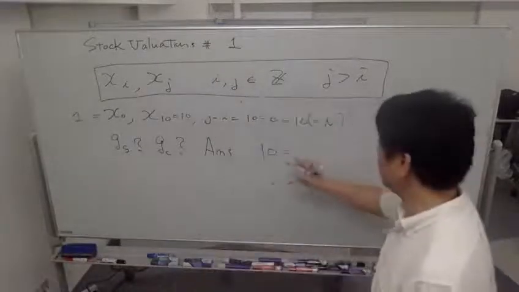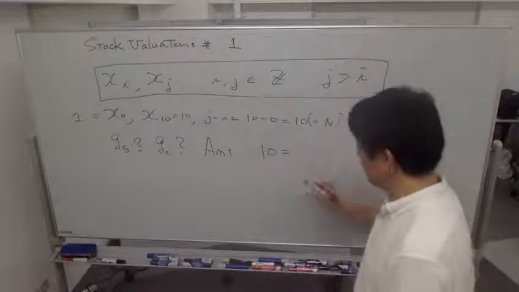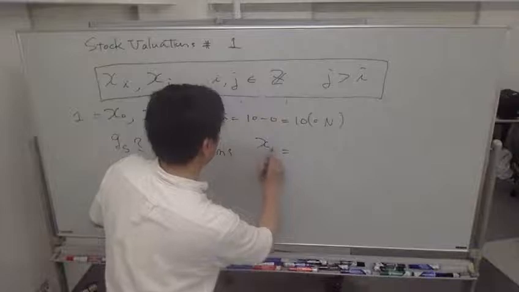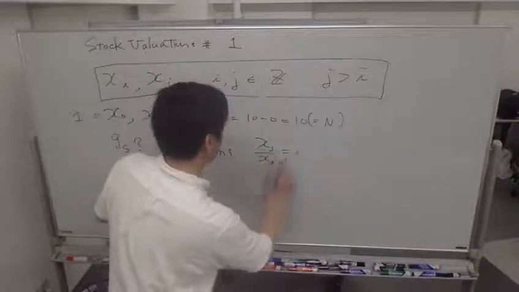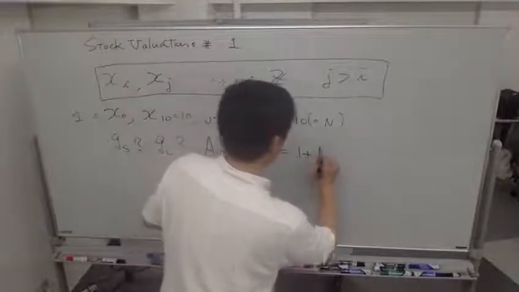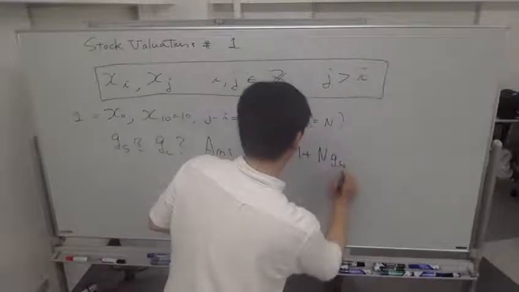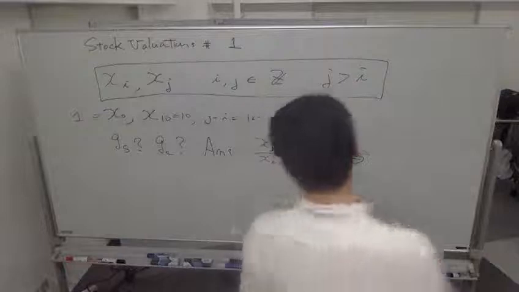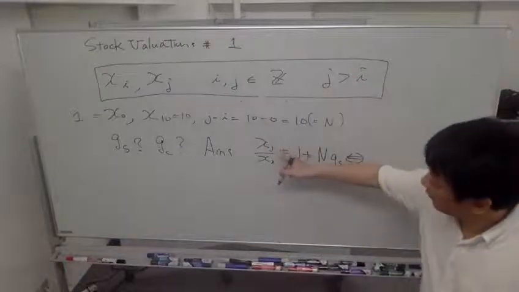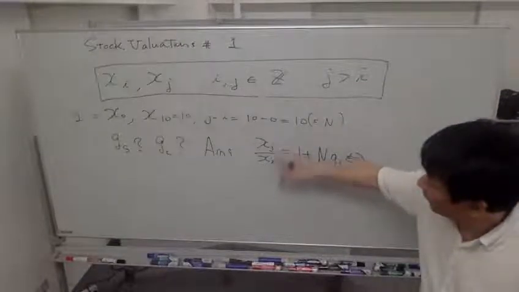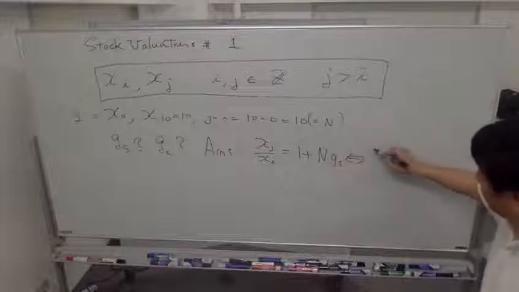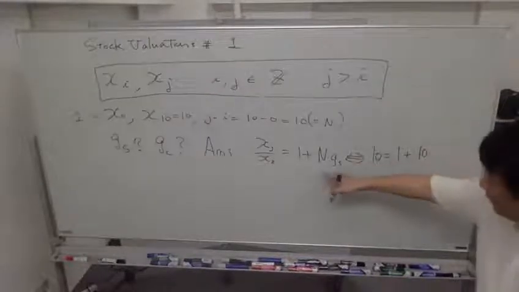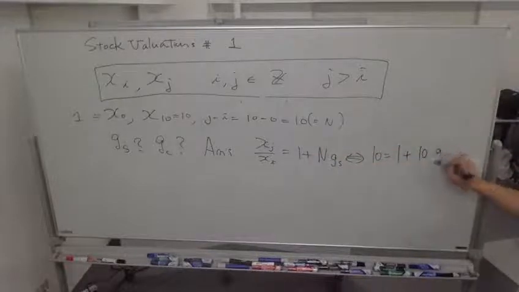So what's GS? xj over xi equals 1 plus n times GS. Then j is 10 and i is 0, and 10 over 1 is 10, and 1 plus n is 10 times GS, right?